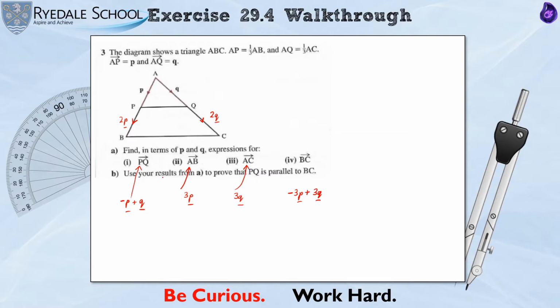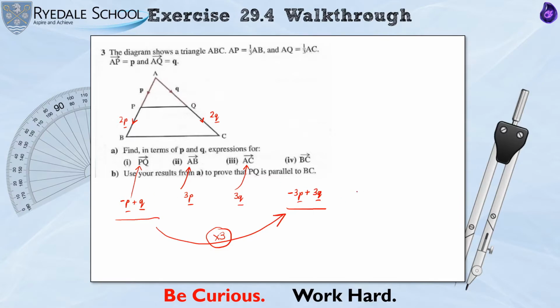And it says, hence, use your results from A to prove that PQ, this one here, is parallel to BC. Well, remember, to prove something's parallel, we just need to argue that it is a multiple. And we can clearly see that this one is 3 times bigger than this one.